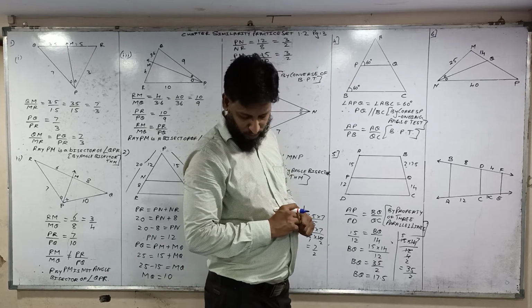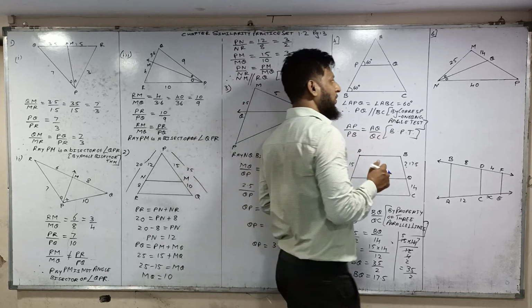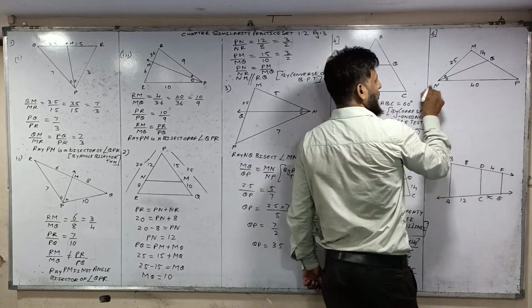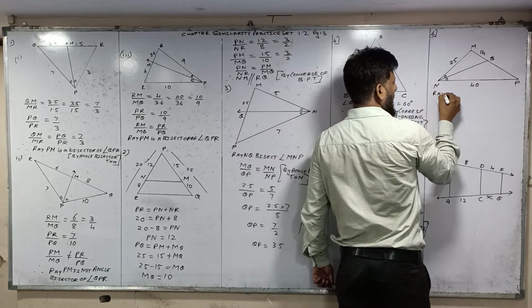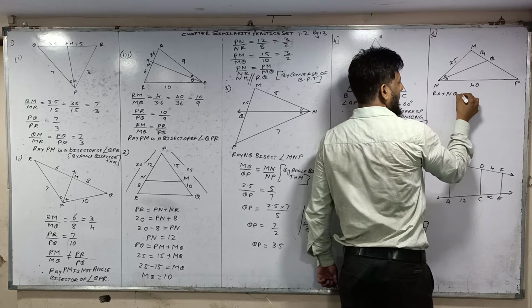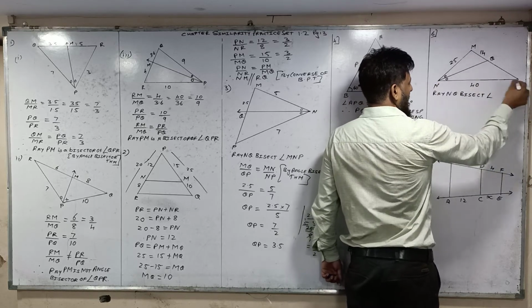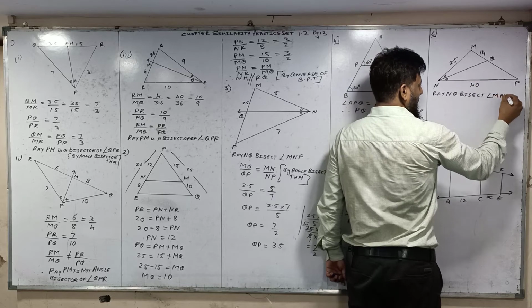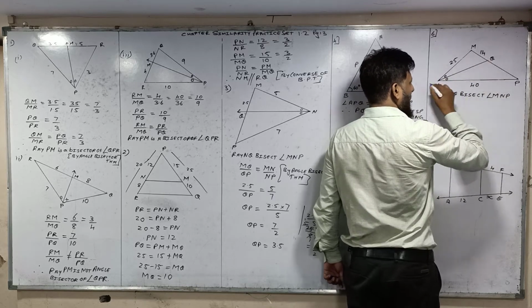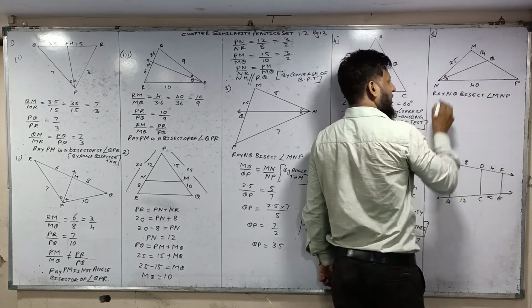You have to find out QP. The diagram is given. Ray NQ bisects angle MNP. It is given that NQ is the bisector of angle MNP, and the sign of the bisector is in the diagram.